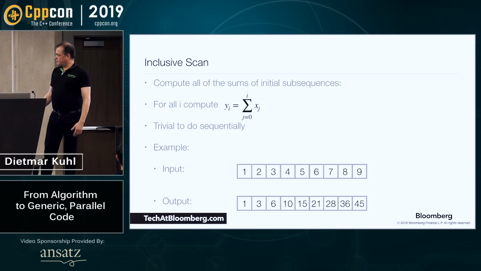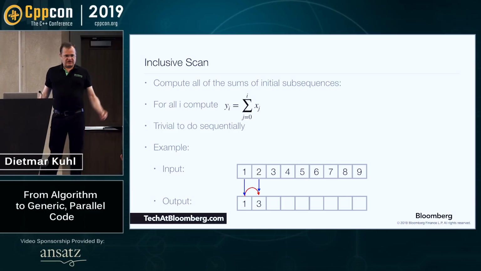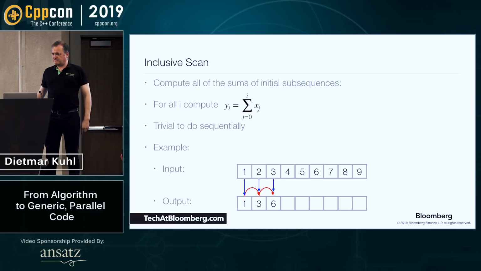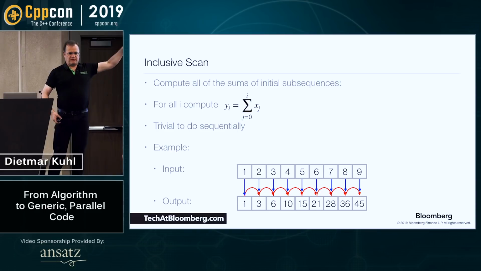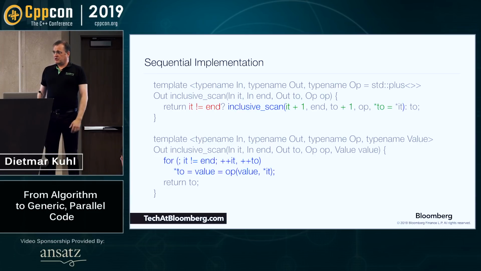So over here is the input and the output. Let's go and look at how it is computed. It's very simple. For the first element, we just copy. For the next one, we take the previous one and add the next one, and we keep doing that. And if you look at that, each value depends on the one before. That's slightly annoying. We cannot just compute things nicely in parallel. We need to have the values before.